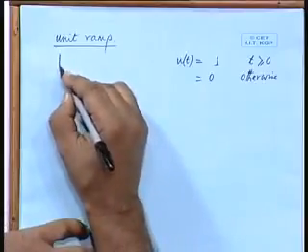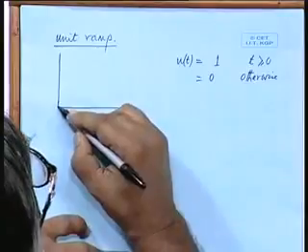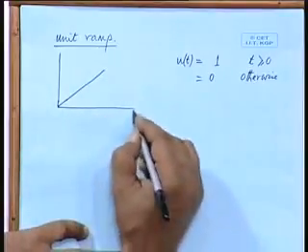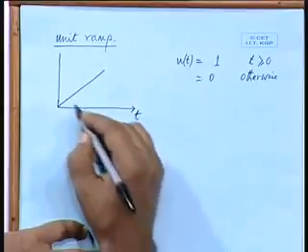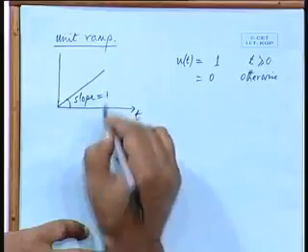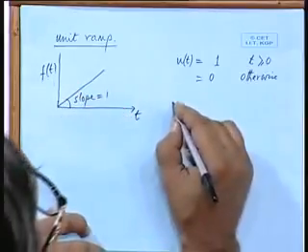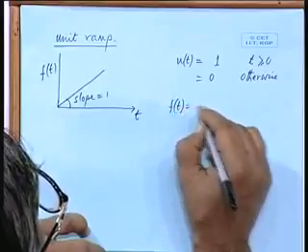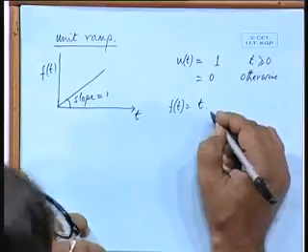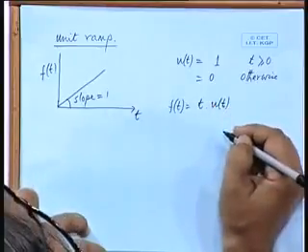The unit ramp is a ramp function with unity slope. So, f(t) equal to t into u(t). Why into u(t)?